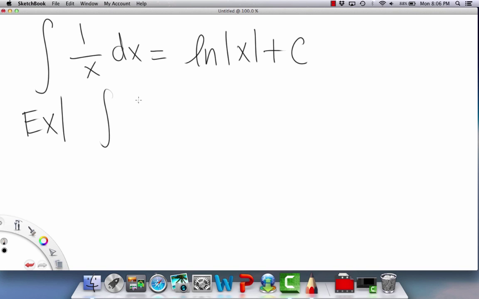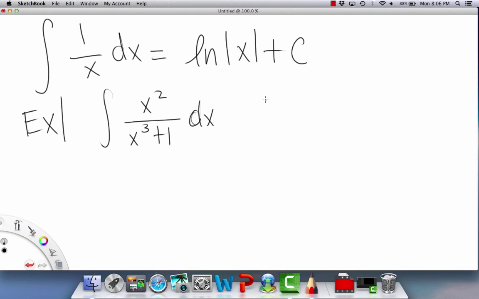So let's say we're given the integral of x squared over x to the third plus 1 dx. Here you kind of have to recognize that this is an ln, or logarithmic, problem.